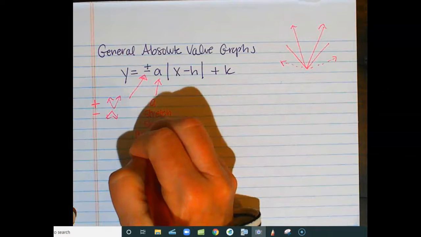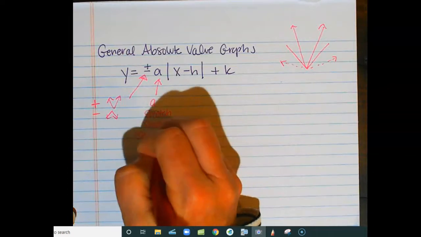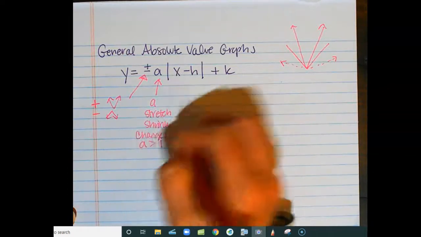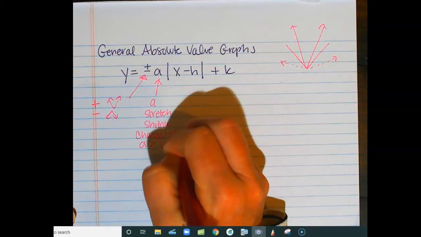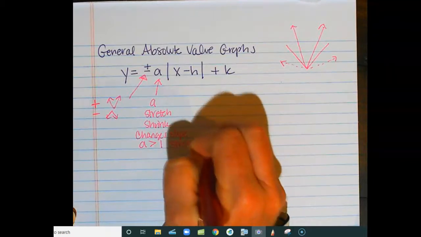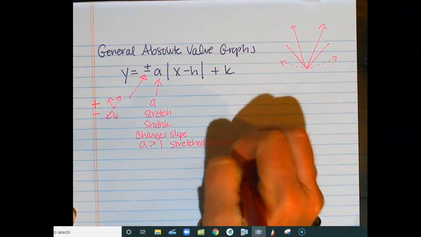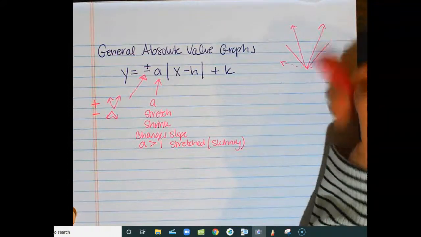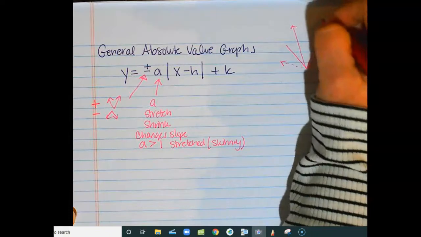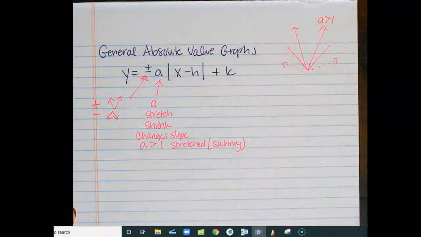So what we're saying is that if the A value is bigger than 1, it will be stretched. We can also consider that to be like a skinny graph. You can see the skinnier one up here. This has A greater than 1.